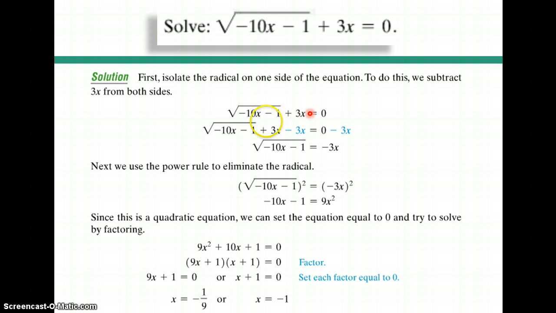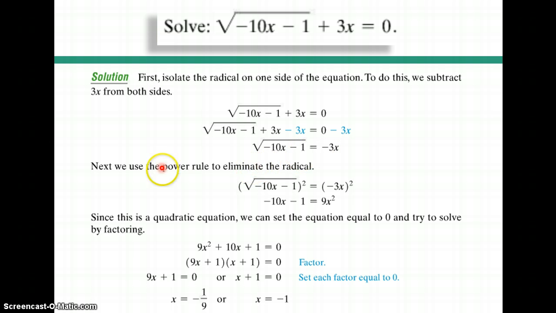To solve this radical equation, we have to isolate the radical on one side of the equation. To do this, subtract 3x from both sides of the equation. So we have square root of minus 10x minus 1 equal to minus 3x.